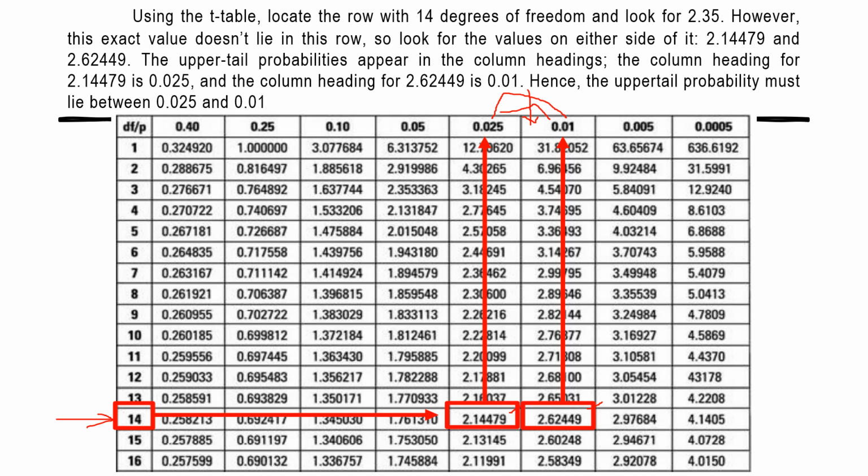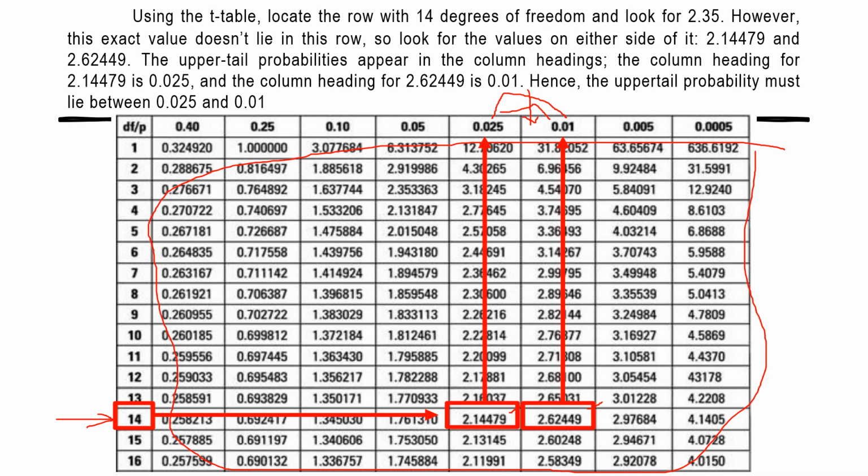As you can see in your table, this part of the values will be your critical values. If we put this in a normal curve, these values will serve as the boundaries between the critical region and the non-critical region.